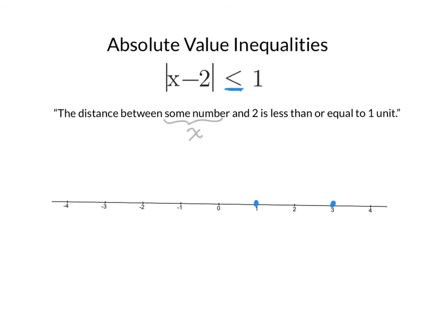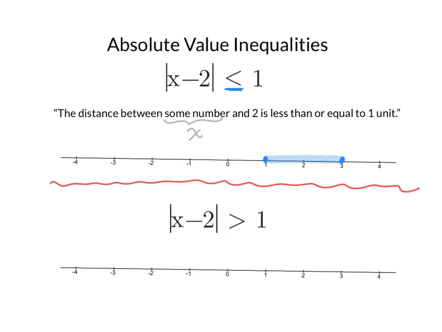And everything in between 1 and 3 would work for us. That's really what we've got. And so what this thing says is the distance from some number and 2 is less than or equal to 1 unit away.